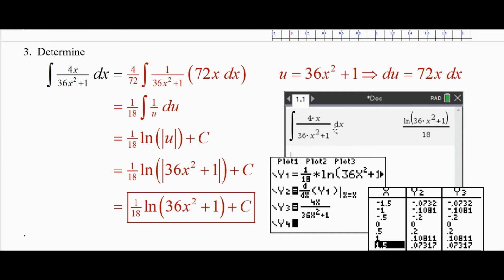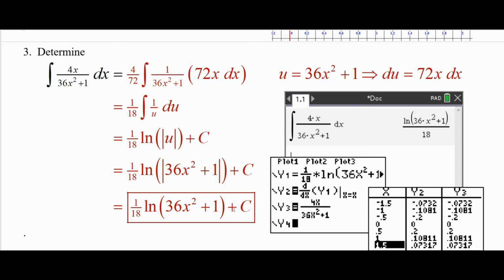Again, here I did it on the CAS calculator, and that's what I got. Here's how you check it on a TI-84 calculator. You let y2 be the numerical derivative of y1. That's math 8 on the calculator. But the one you want to take the derivative of is the answer.